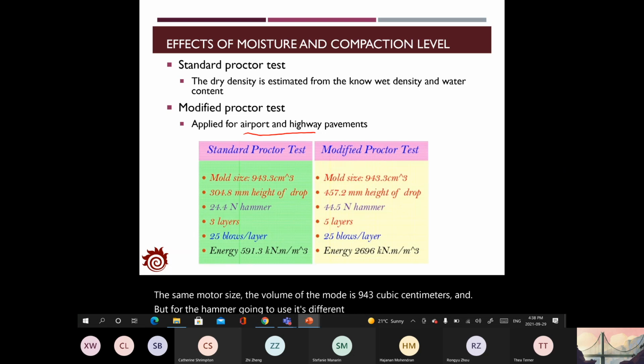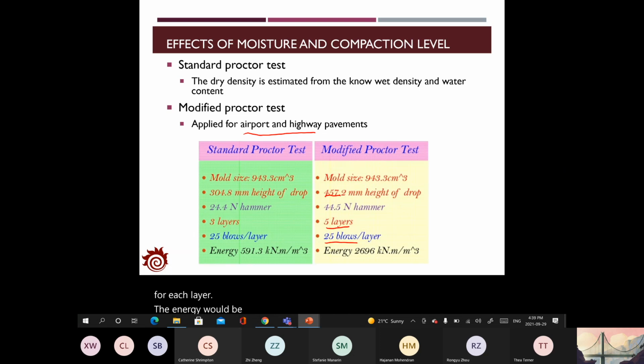You can find this set of hammer in our lab. The drop height is set as 45 centimeters, and it's much heavier. The weight is around 44.5 Newtons. Usually for the modified Proctor test, we conduct 5 layers and also apply 25 blows for each layer. The energy would be approximately 4 to 5 times higher than the standard test.